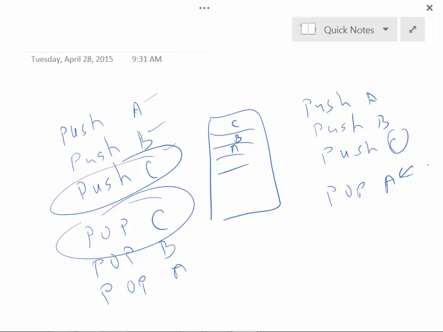If we want to reverse them, we can do that. But whatever we put in last is the first thing we pop. With the stack, you have no control over where in the stack. You're always pushing onto the top of the stack and popping off the top of the stack.